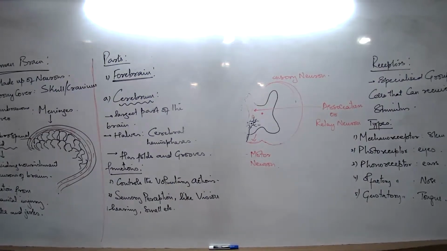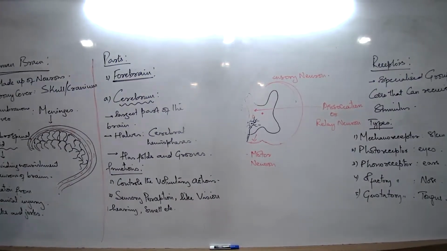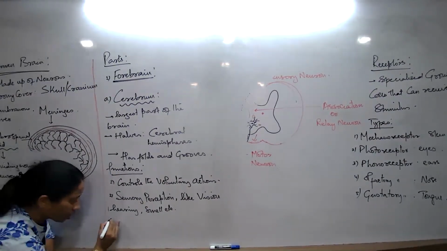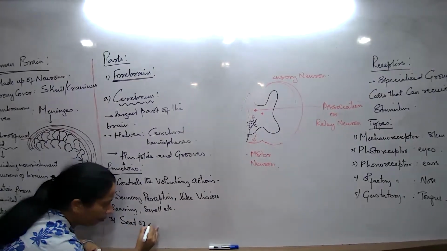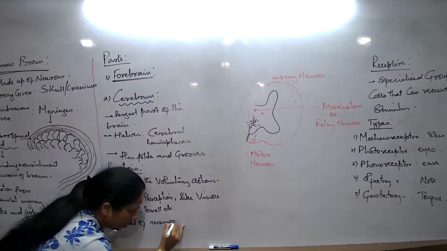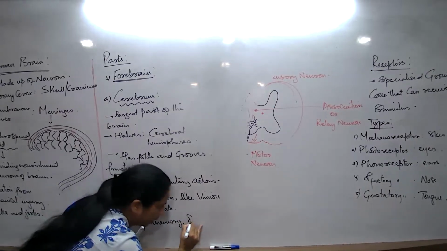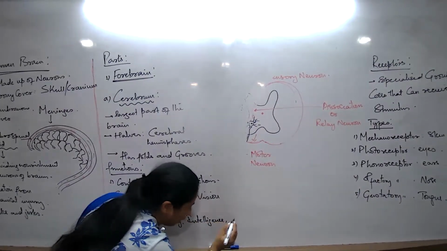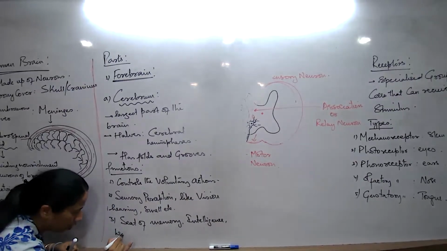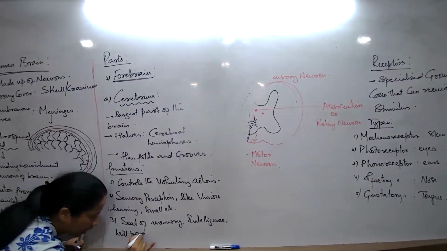Remember, functions of cerebrum. The cerebrum has got another group of functions. Number one, it is the seat of memory, and then intelligence, and then willpower, and then reasoning.